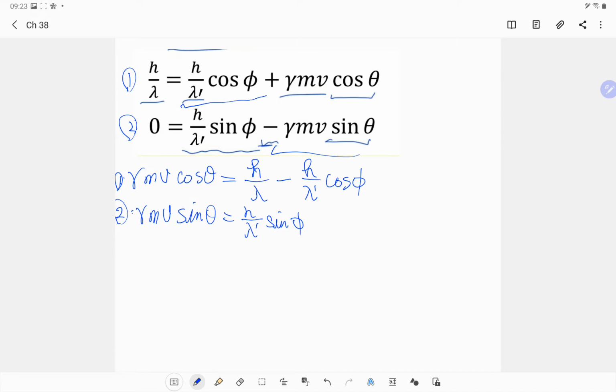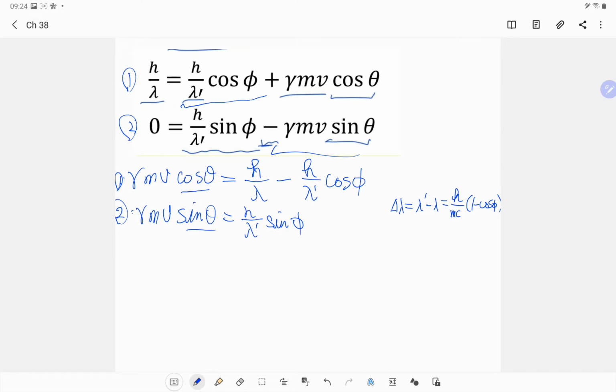So our target is to show delta lambda equals lambda prime minus lambda equals h over mc times 1 minus cosine phi, which means that we need to eliminate cosine theta and sine theta.